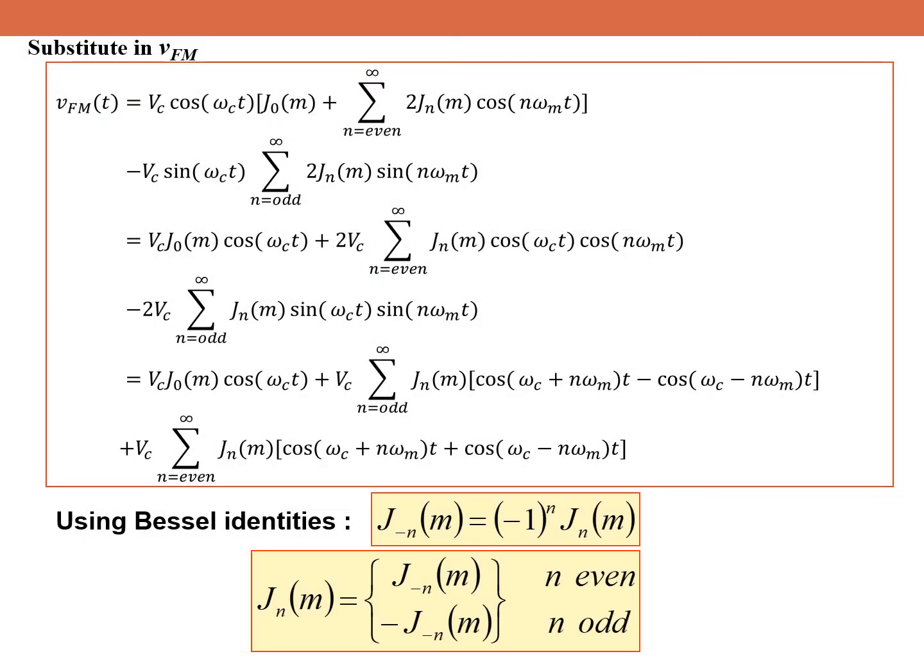Next, we substitute the equation into this full FM equation. So we have here, and then next, the even and the odd terms, and then expand using the Bessel identity here and here.